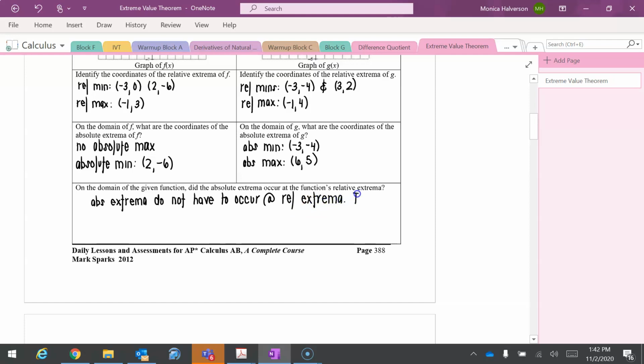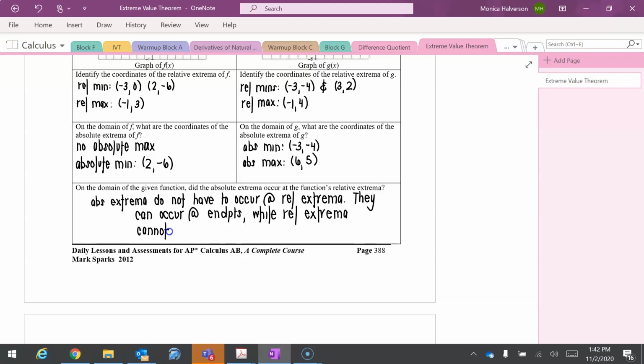The key thing is they can occur at endpoints, while relative extrema cannot. Okay? Does anybody have any questions about that? I hope not. If you do, write them down for class.